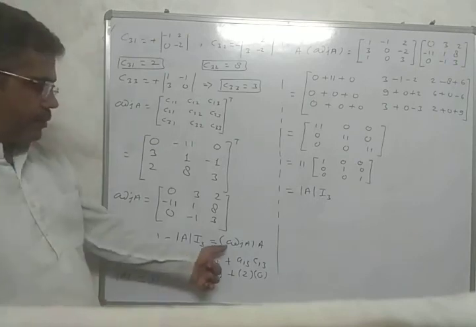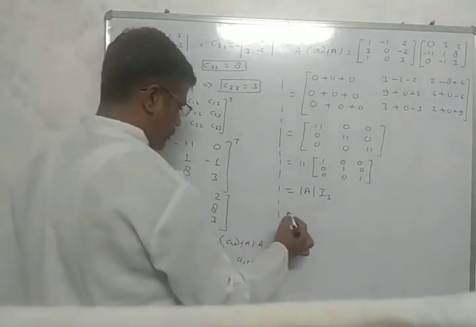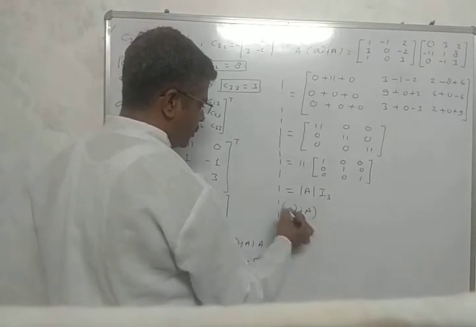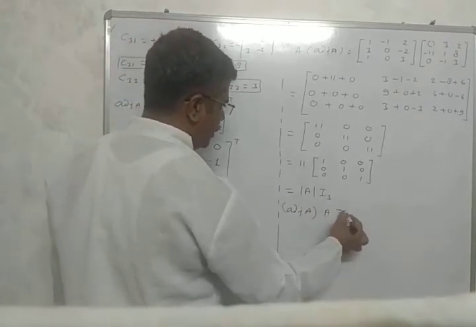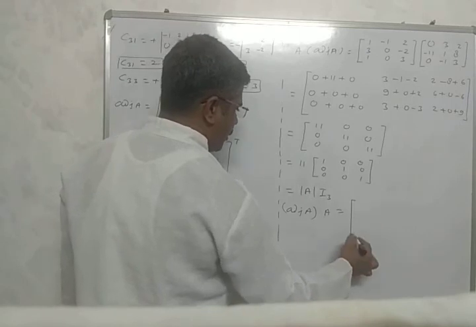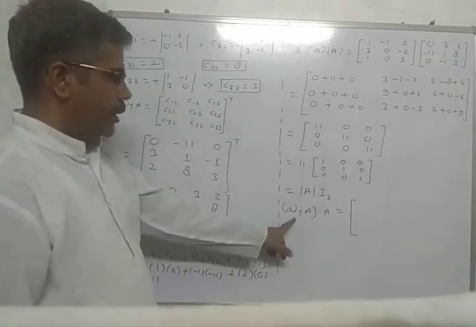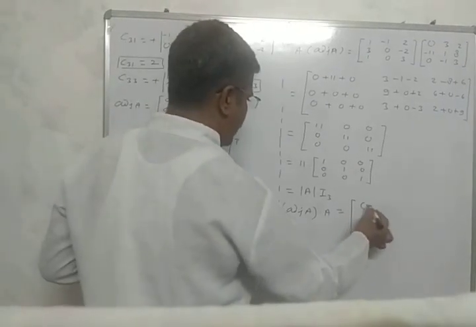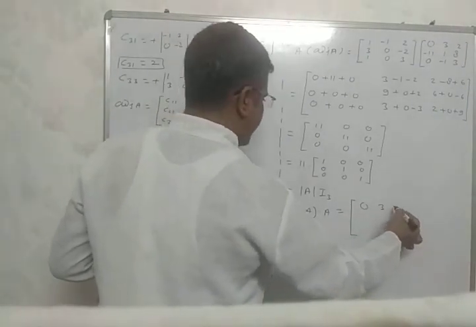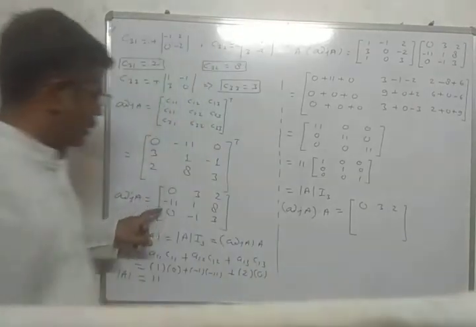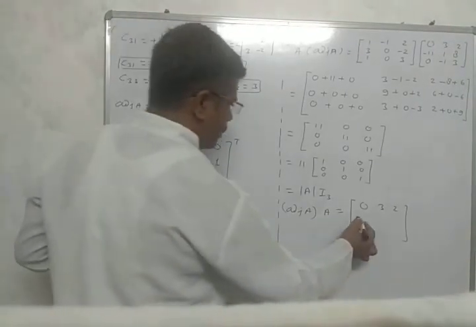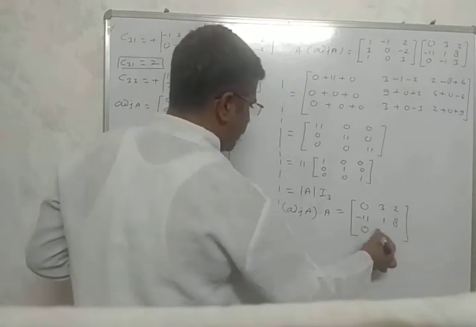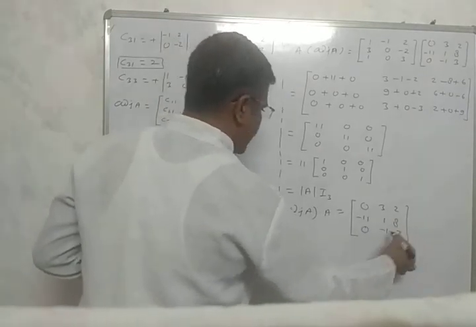Again we find the adjoint of A into A. The adjoint of A is 0, 3, 2, minus 11, 1, 8, 0, minus 1 and 3.